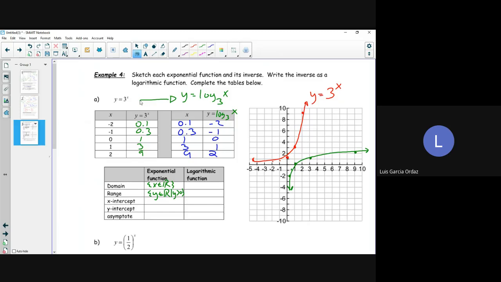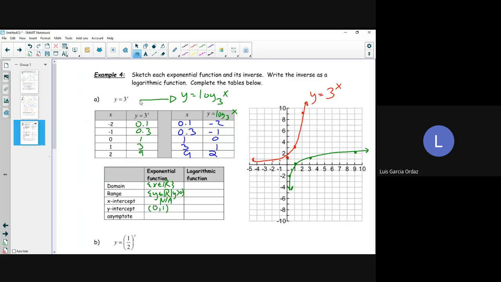Do we have any x-intercepts for the exponential function? Nope, so this is not applicable. What is our y-intercept? At 1. So you have a y-intercept at 0 and 1.